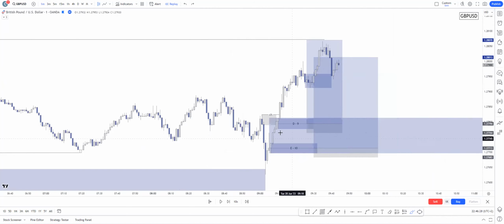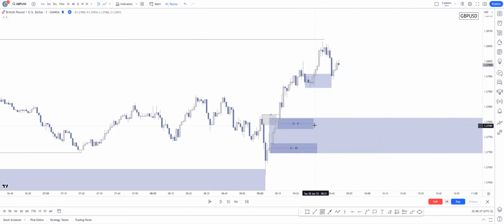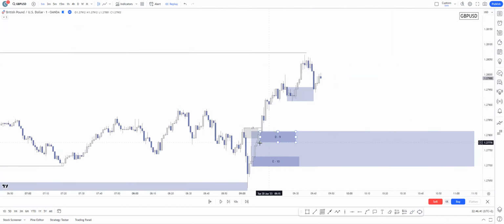And yeah, actually after price has formed two valuable higher time frame areas, I would probably delete these orders, and this is how I will do it too.